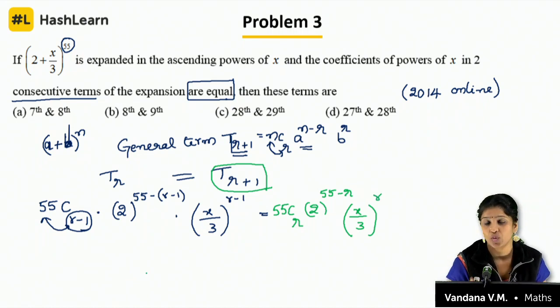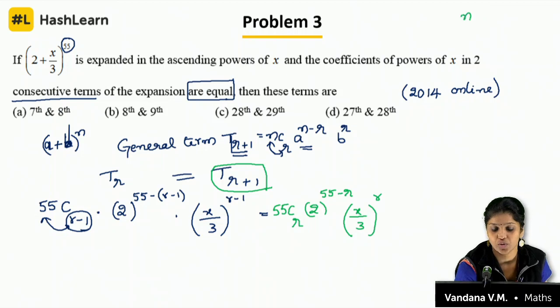How to bring? I know one shortcut. What shortcut did I tell you? nCr divided by nC(r minus 1) is (n minus r plus 1) divided by r.